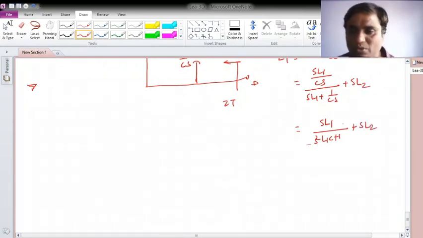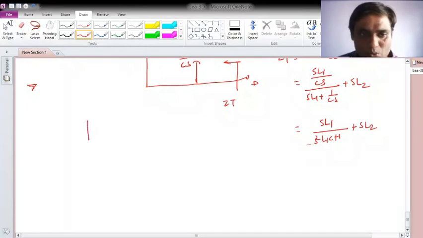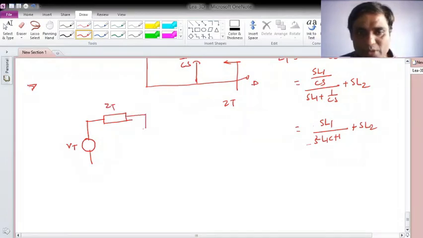Now I know VT, I know ZT, I can obtain V0 of S. What I would like to obtain is the voltage across ZL, which is R here.